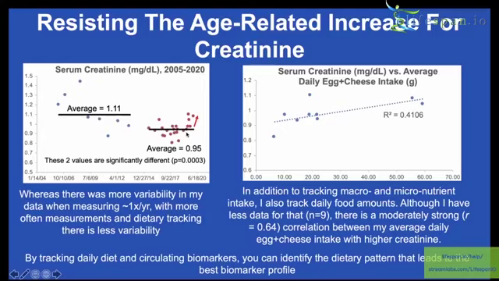So for whatever reason, whether it's acid load or too much animal protein, I limit how much egg and cheese I take in to keep my creatinine levels from going up. Just to illustrate, from all this data so far, by tracking daily diet and circulating biomarkers, you can identify the dietary pattern that leads to the best biomarker profile for you.